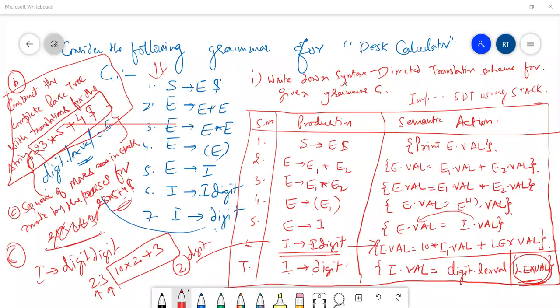Yes, Katinder, any doubt? Have you noted it down?